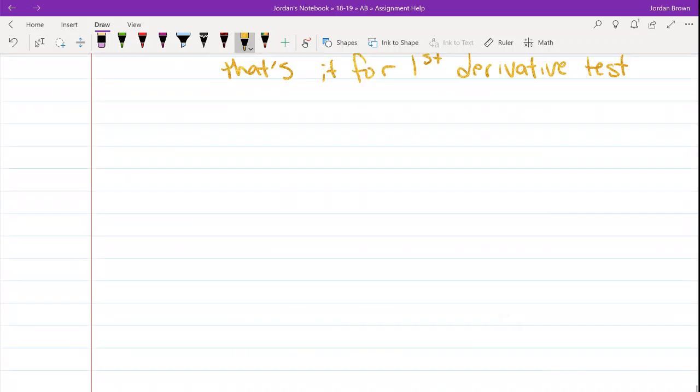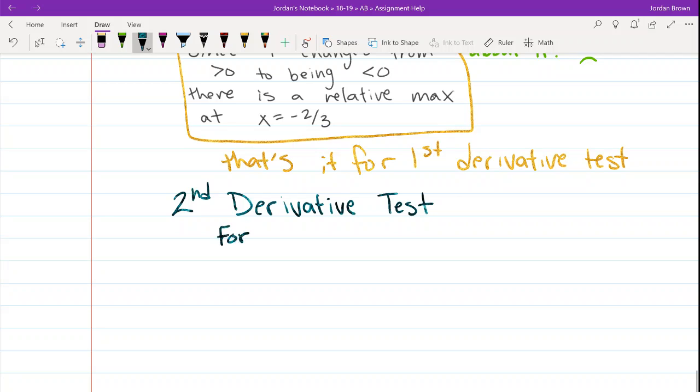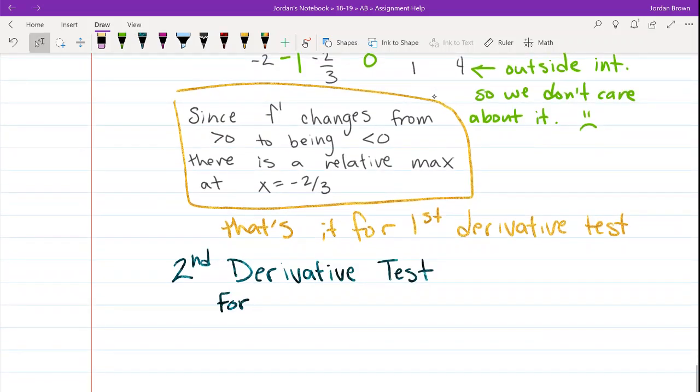Now for the second derivative test, we're going to need critical values. On the test, I need to see some sort of justification, like what is inside this gold box.